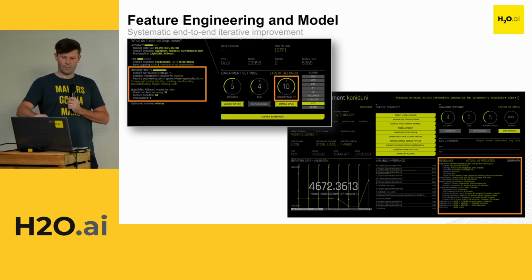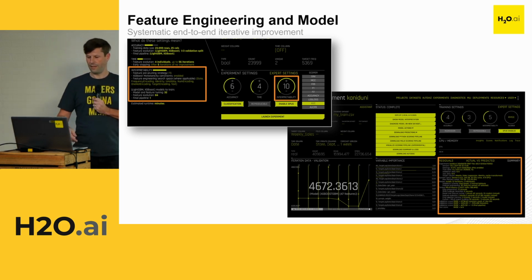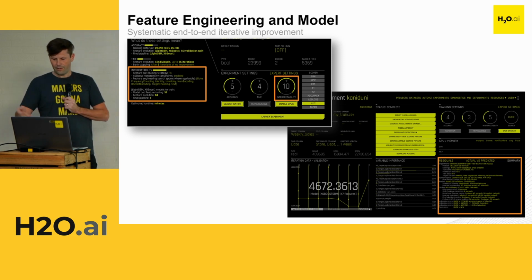If you turn it to 10, then the transformation will be really decreased only to the things that are interpretable, and for instance, linear models or simple models which can be easily understood are used. So this is the way how you can do that balance. You can simply choose what level of performance is okay for you and what level of interpretability is desired. And finally, you get the model.